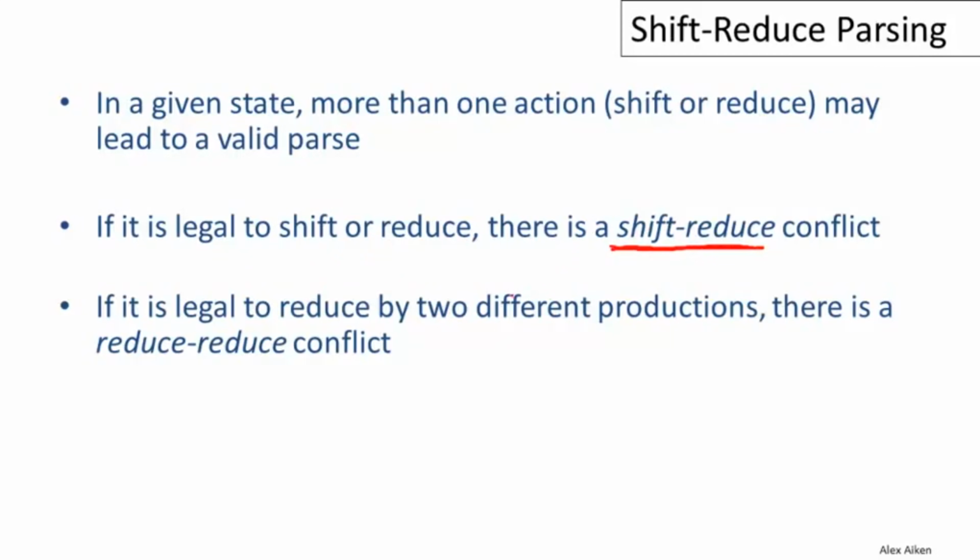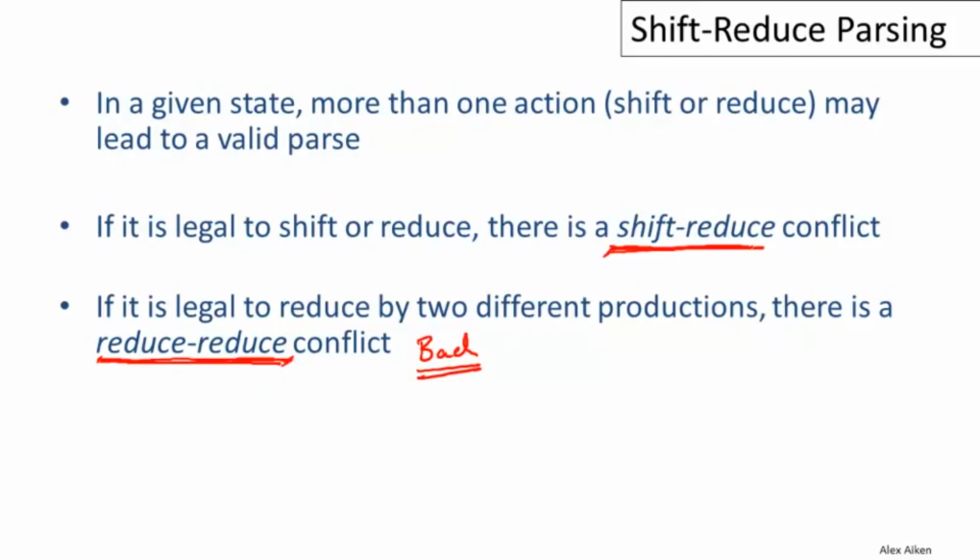If it's legal to reduce by two different productions, then there is what is called a reduce-reduce conflict. Reduce-reduce conflicts are always bad, or almost always bad. They usually indicate some kind of serious problem with the grammar. Shift-reduce conflicts are not good, but they're often easier to remove. So if you have reduce-reduce conflicts, particularly when you're building your grammar for Cool, then you're doing something seriously wrong.